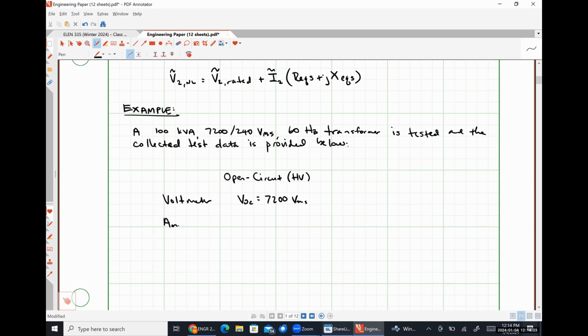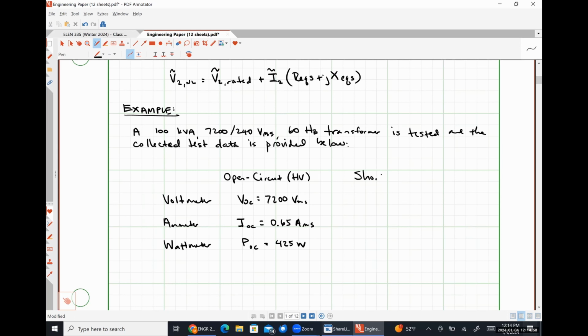Our ammeter reading was IOC is equal to 0.65 amps RMS. And our wattmeter reading is our open circuit power losses are 425 watts.